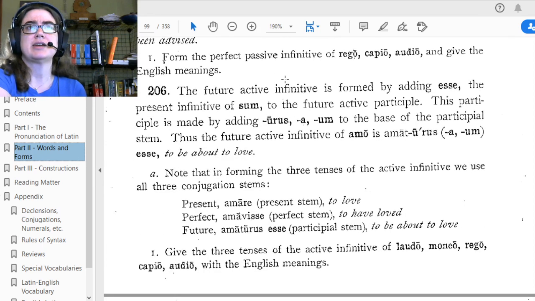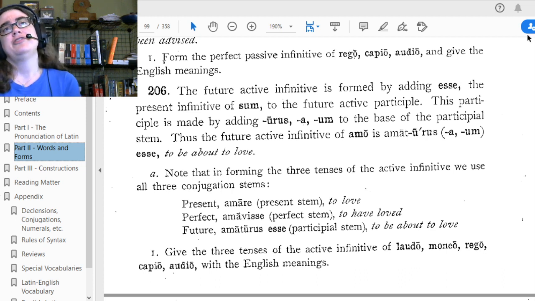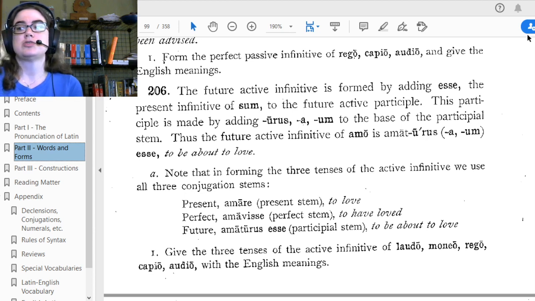The future active infinitive is for, we're learning this too. So the future active infinitive, we're going to learn now. So to be about to blank. To be about to blank.